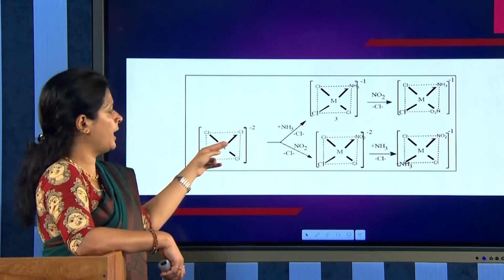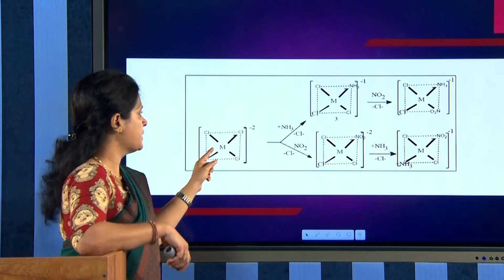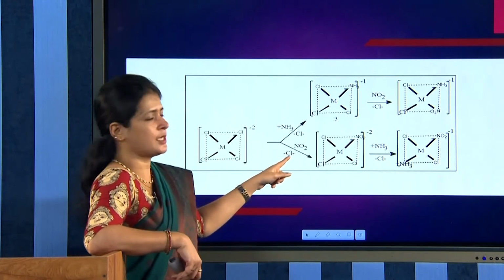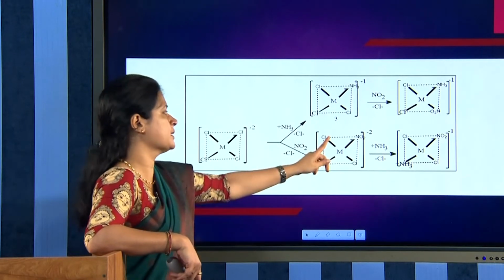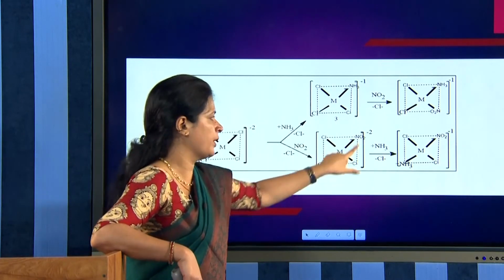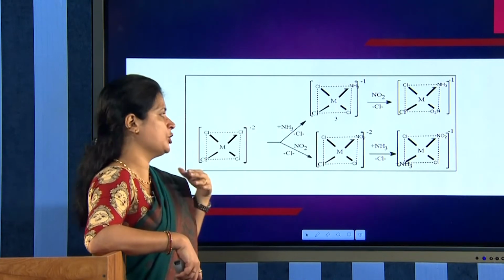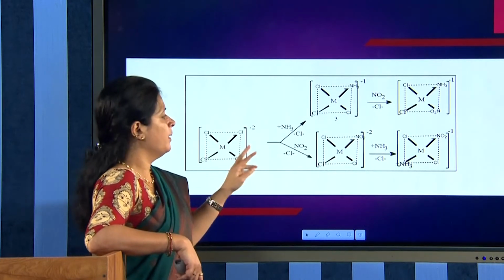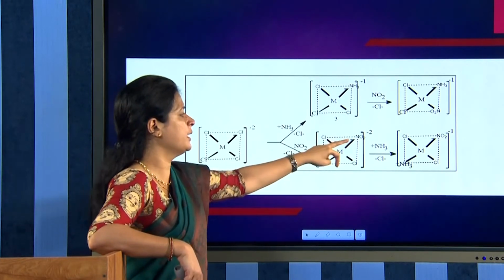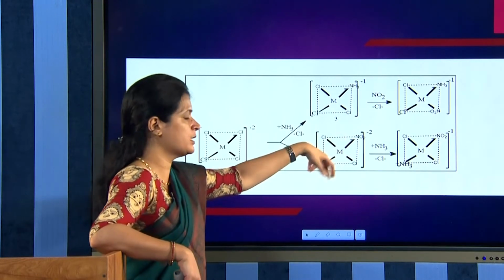And now, if the reaction is initially started with the NO2 minus ligand, what happens? See the reaction sequence. First, one Cl minus will be replaced by NO2 and I will get the product like this. If I am adding NH3 ligand to that, now the situation is different, because I have to consider the trans directing ability of the ligands already present here.